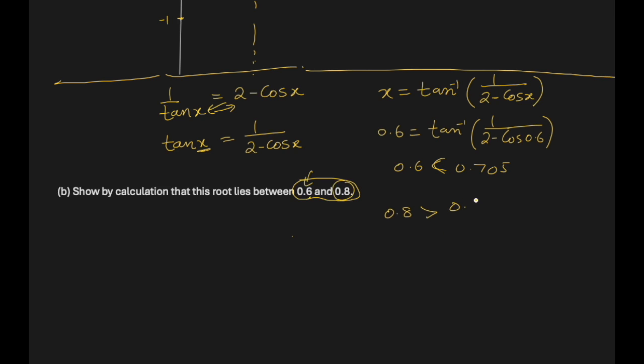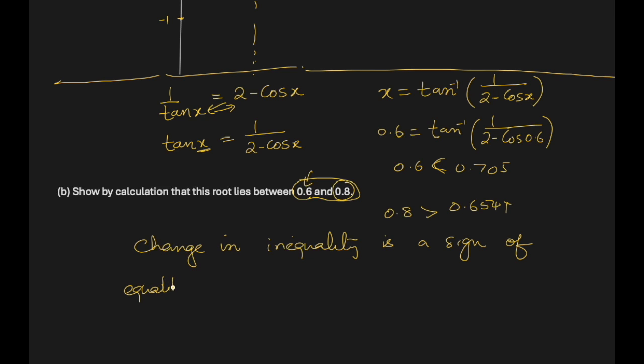So the change in inequality is a sign of equality, which we can say means the root is between 0.6 and 0.8.